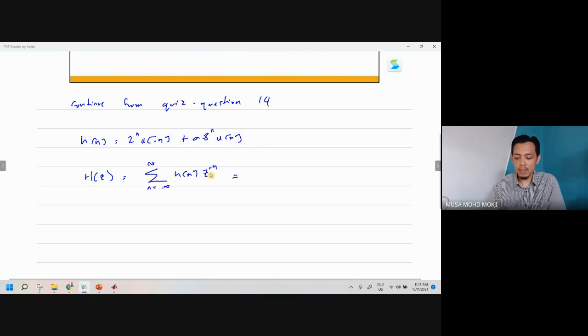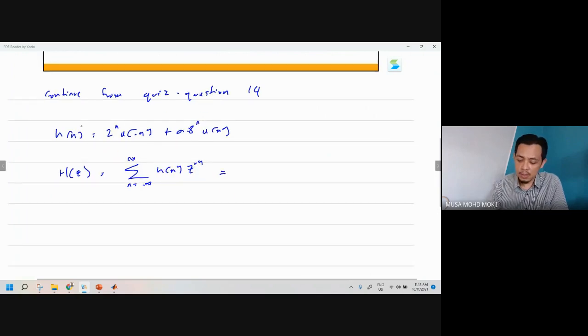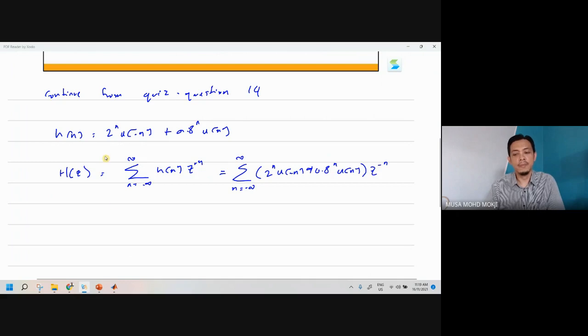So where is the h[n]? This is our h[n]. So you just plug in the value of h[n]. This one becomes 2 to the power of n u[-n] plus 0.8 to the power of n u[n], times z to the power of minus n.